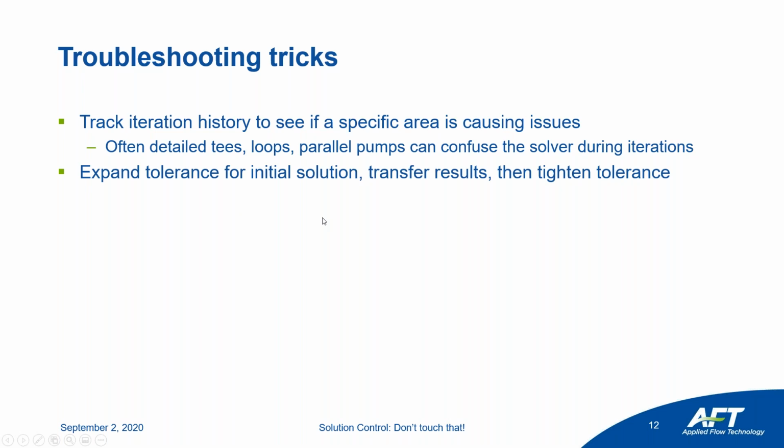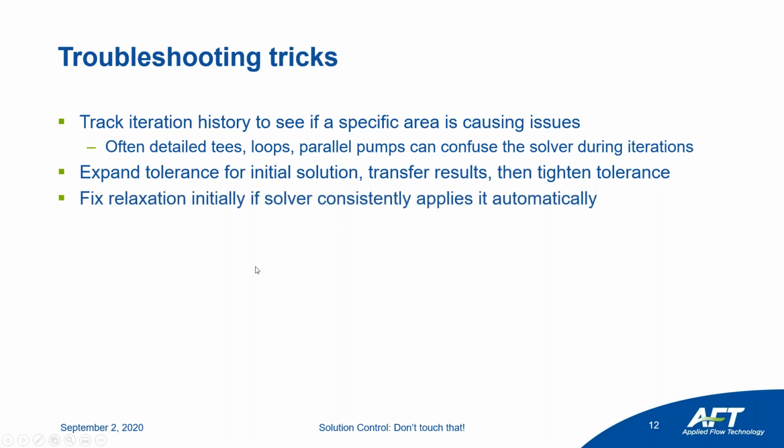Something you can do is expand the tolerance for an initial solution, transfer those results, and then tighten that tolerance. That might help with convergence by providing a better initial point for the solver. Pretty self-explanatory. Just be sure to tighten that tolerance again so that you're not making design decisions based on something with a loose tolerance.